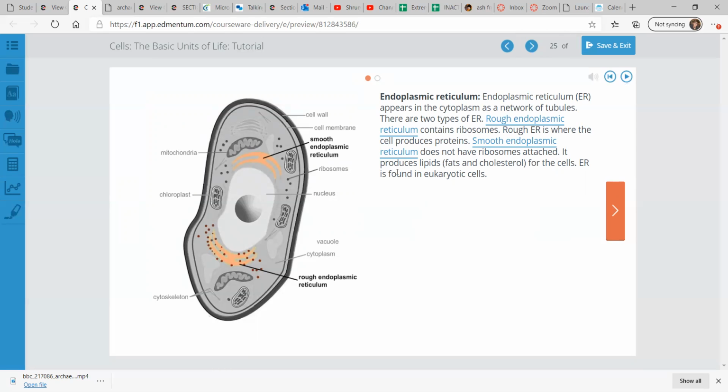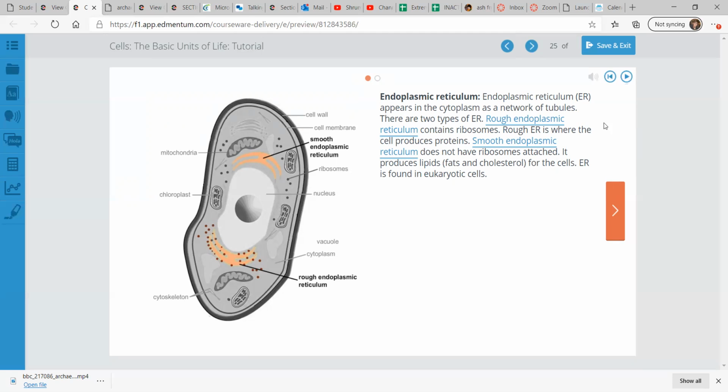Endoplasmic reticulum, or ER for short, appears in the cytoplasm as a network of tubules. There are two types of ER. We have rough endoplasmic reticulum, and those contain ribosomes. And this rough endoplasmic reticulum is where the cell produces proteins.